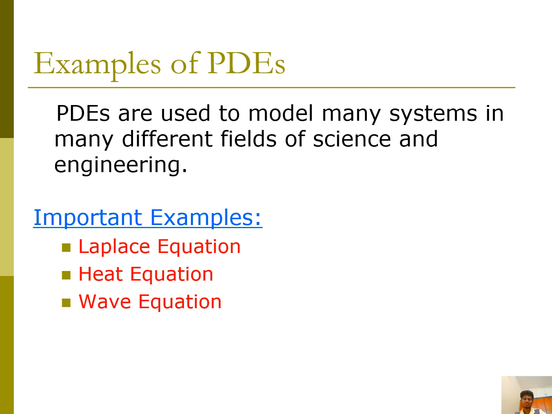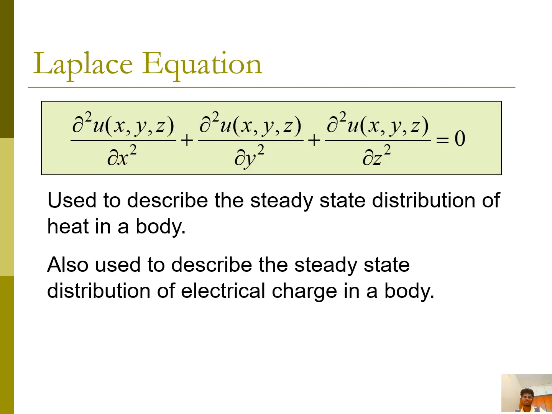Examples of partial differential equations. Partial differential equations are used to model many systems in many different fields of science and engineering. Important examples are the Laplace equation, heat equation, and wave equation.